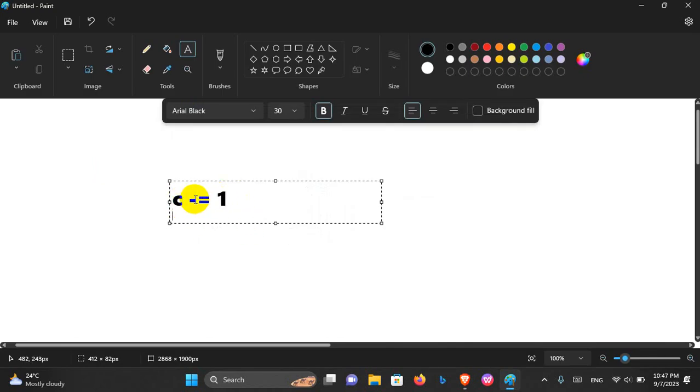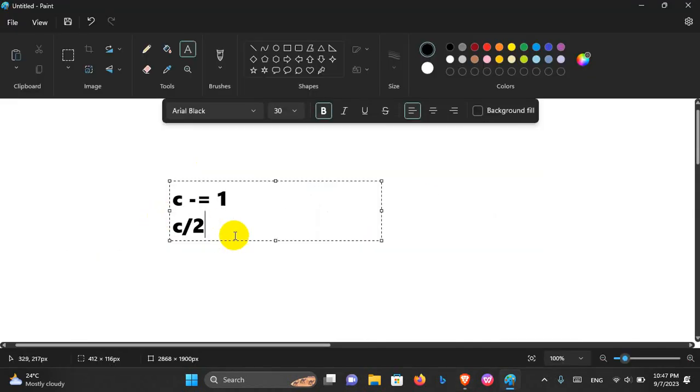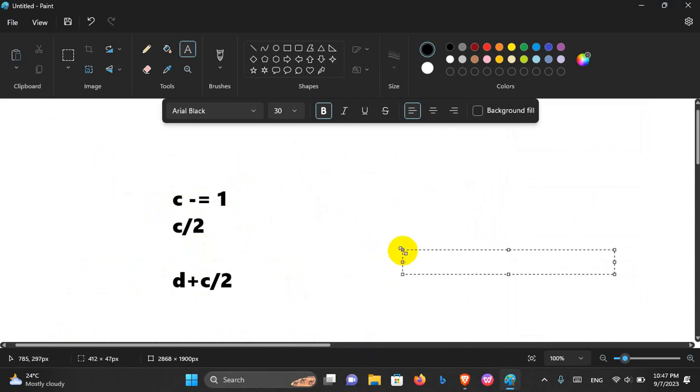Depending on the subtraction, we can only move C divided by 2 more squares. So the maximum value for every query would be D plus C divided by 2. If we don't consider C being subtracted by 1, the answer would be D plus (C minus 1) divided by 2.